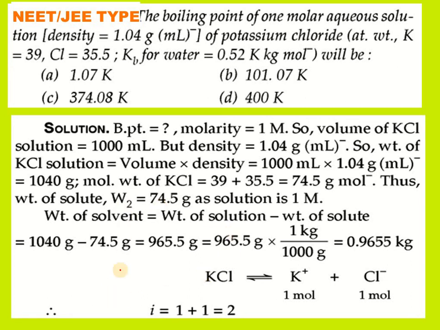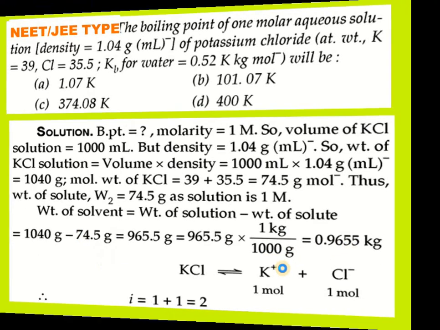That's why here we have taken the Van 't Hoff factor value for potassium chloride as 2. The weight of solvent is calculated from the density: 1040 grams is the mass of the solution we calculated from the density. 1 molar means the number of moles of potassium chloride is 1 mole, which is 74.5 grams. We subtracted that from the total mass of the solution and got 965.5 as the mass of solvent.